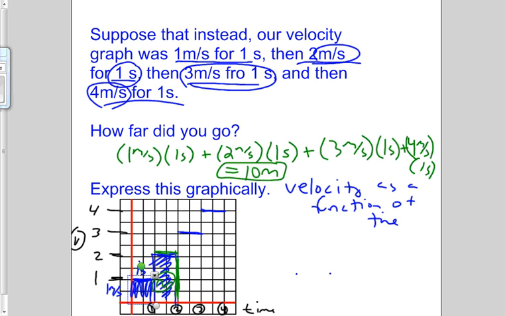And then from 2 to 3 seconds, I'm going 3 meters per second. That area represents velocity, which is my y, times my time, and 3 times 1 is 3.